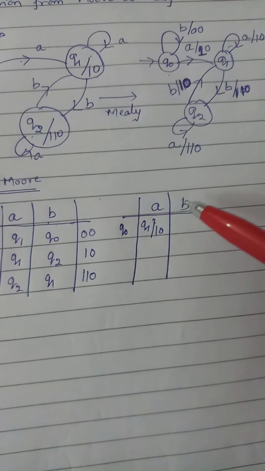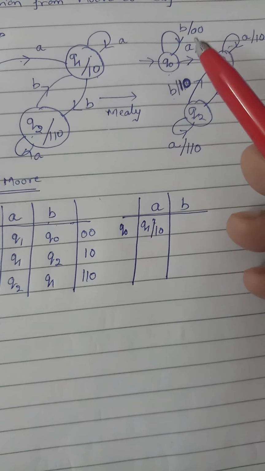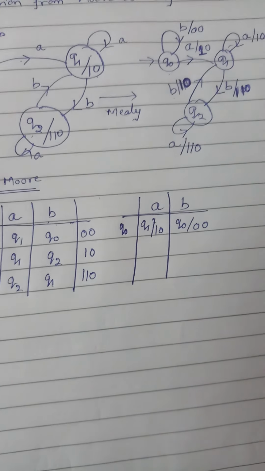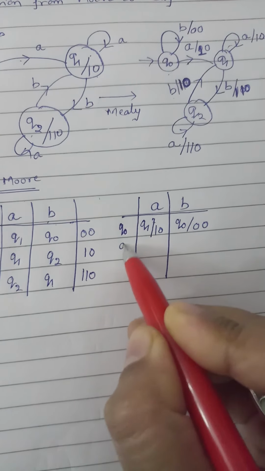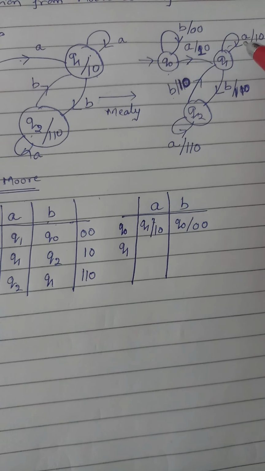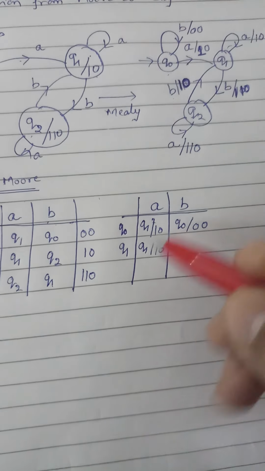And from Q0 on B, we move to Q0 only, with 00 output. So we write Q0 00. Now move to the next state Q1. From Q1 on A, we move to Q1 only, with 10 output. So we write here Q1 10.